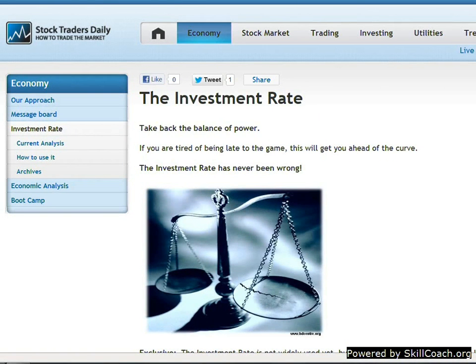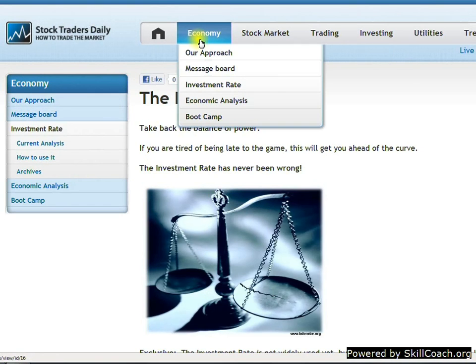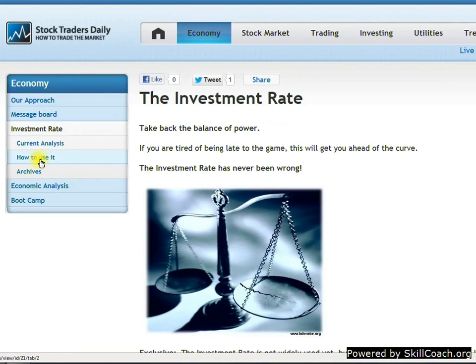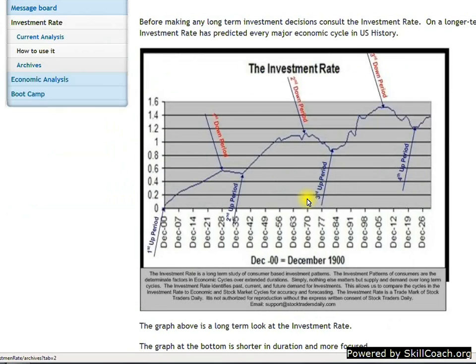This brings us to a discussion of the investment rate. The investment rate can be found on Stock Traders Daily in the Economy tab under Investment Rate. The longer-term chart of the investment rate starts in 1900 and extends out to 2030 and beyond.